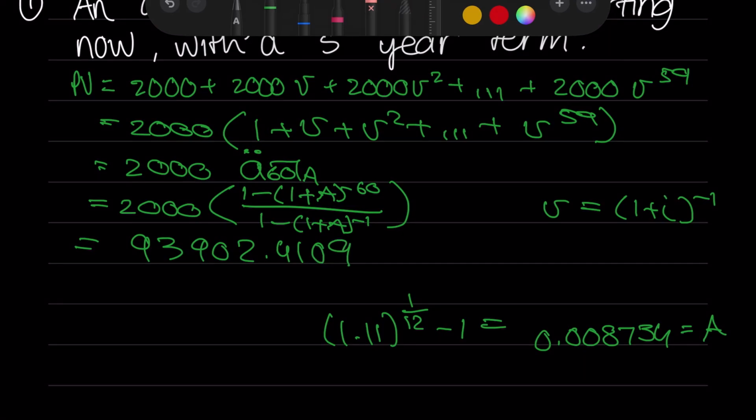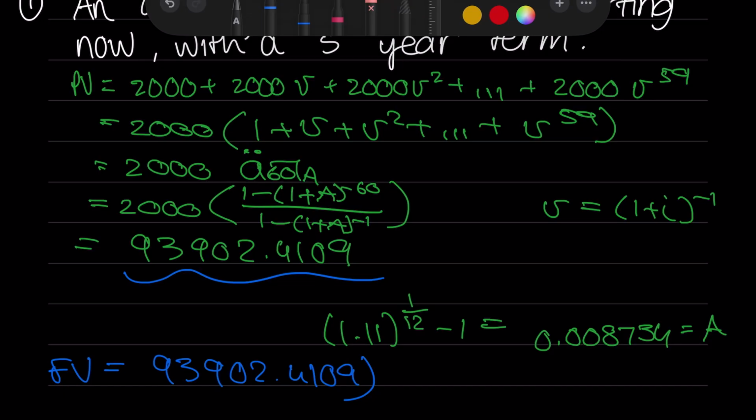I said I would also calculate the future value of this. So let's say the question asked for the future value after the 5-year term. For the future value, I would have calculated this present value, and now I'll do this. Now I'm just going to compound this.